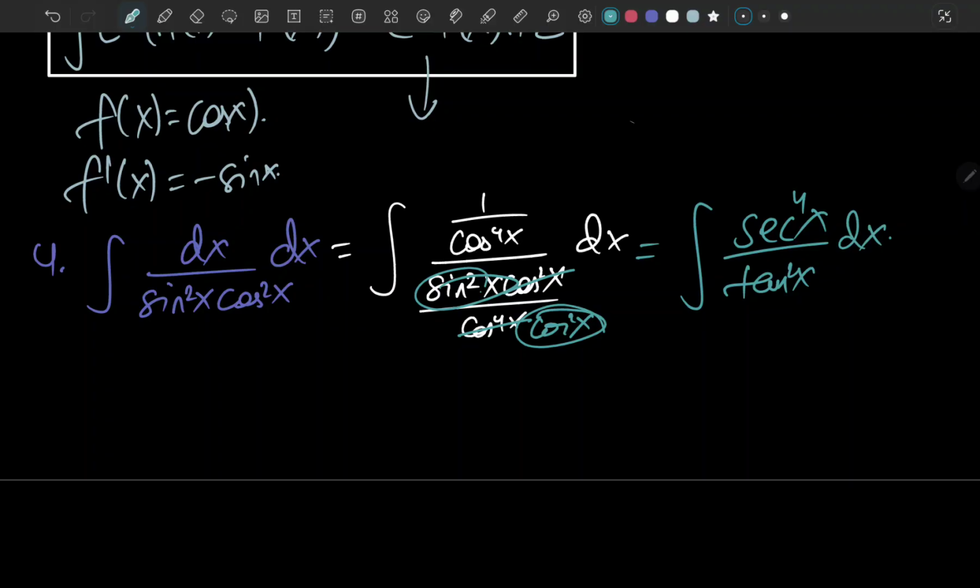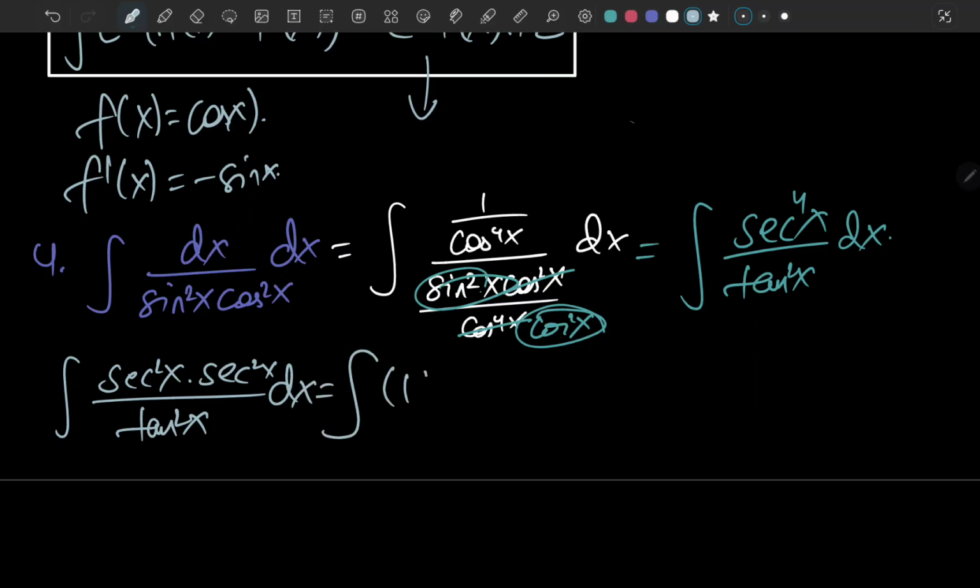So I can see something in this integral, and maybe you can also. I can write secant square of x times secant square of x over tangent square of x as it is. I'm going to change that too.